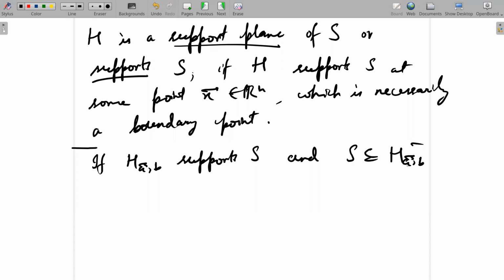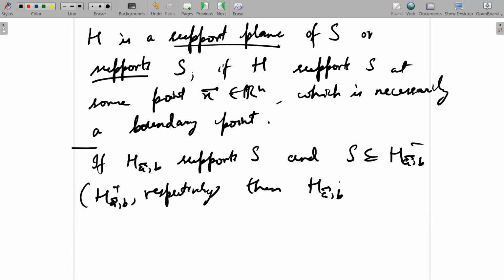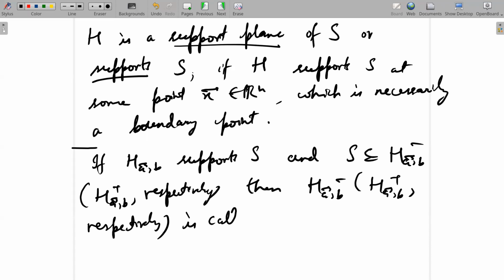So if S is contained in H_{a,b}^- or H_{a,b}^+ respectively, then H_{a,b}^- or H_{a,b}^+ respectively is called a supporting half space of S at the point x.